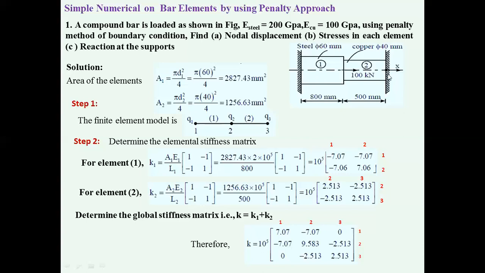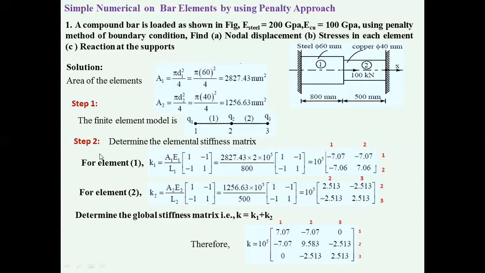So this is modeled by 3 nodes, 1, 2, 3, numbered from left hand side to right hand side. So it is represented over here. This is element 1, this is element 2, and the nodes are numbered 1, 2, 3. At node 1 the displacement is q1, at node 2 the displacement is q2, and at node 3 the displacement is q3.